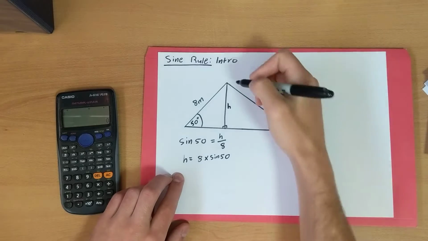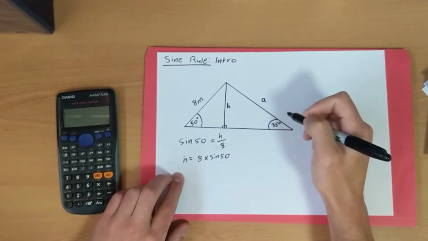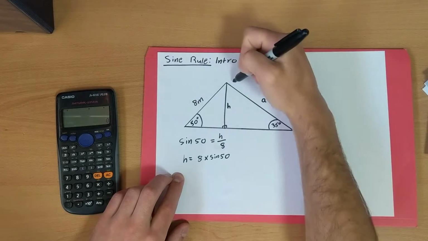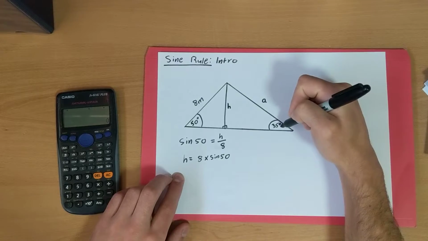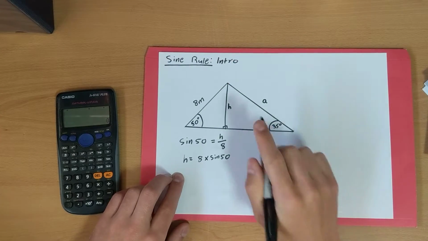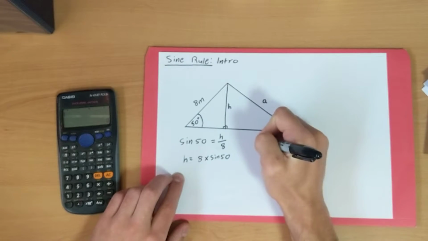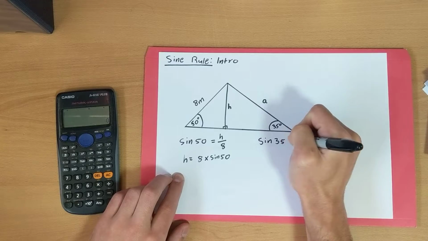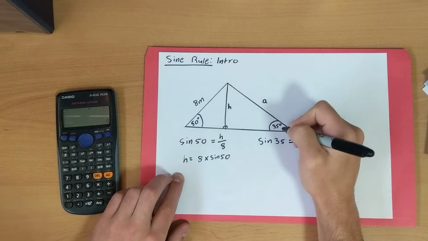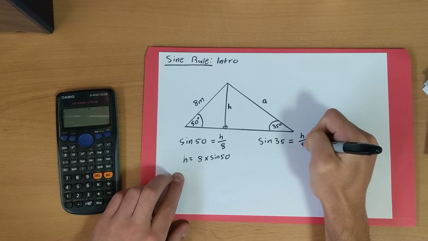Now let's do the exact same thing with this right-hand right-angled triangle. Again, I've got an angle here. I've got the hypotenuse of the triangle, and H is again the opposite side. So again, I've got an opposite and hypotenuse, which means I'm going to use sine. So sine of the angle, which in this case is 35 degrees, sine 35 equals the opposite, which is H, over the hypotenuse, which we also don't know in this case.